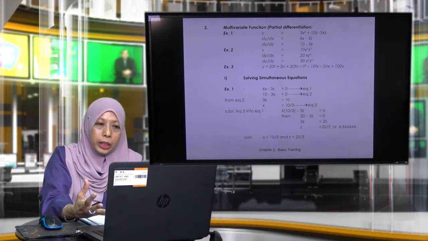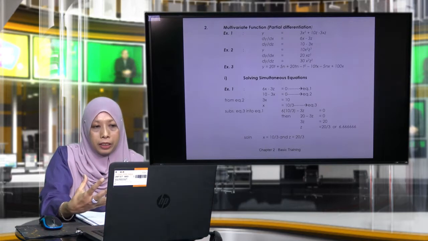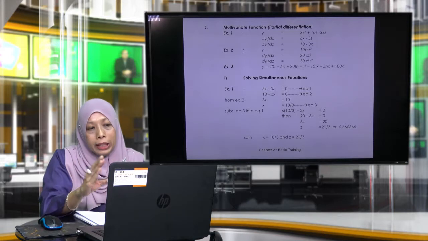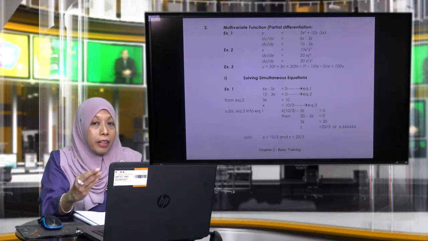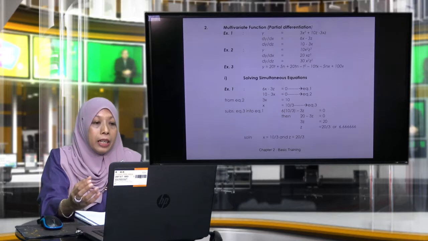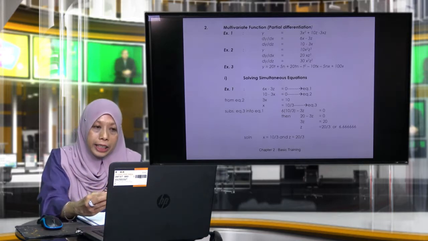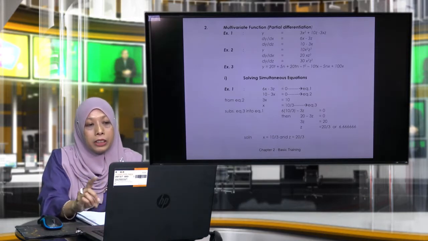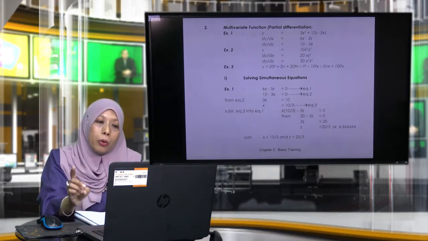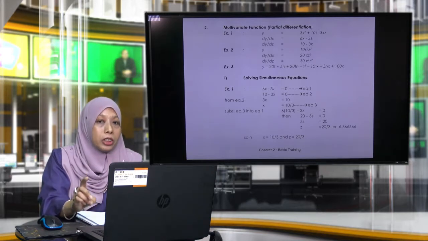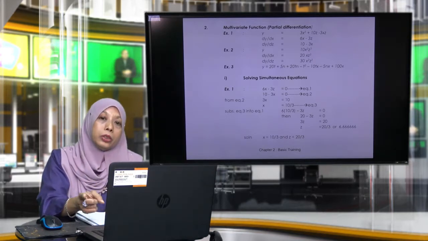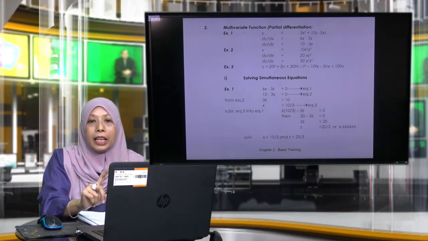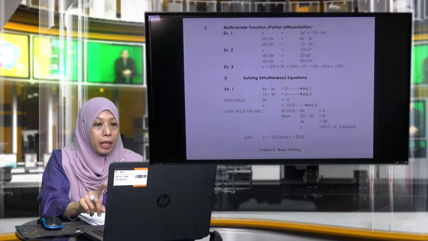The easiest way to work with a multivariate function is to always check which independent variable you are differentiating. Remember that you are differentiating the function with respect to x, so you always need to use the power function rule, which means you need to bring down the exponent for x, write down the original function, and reduce the exponent for x by 1 unit.